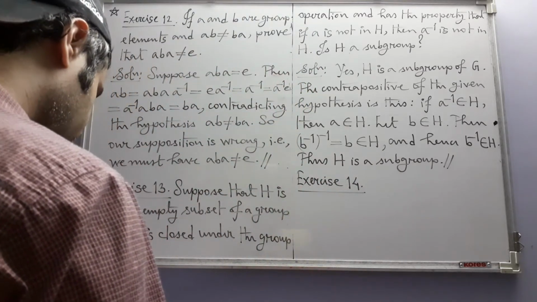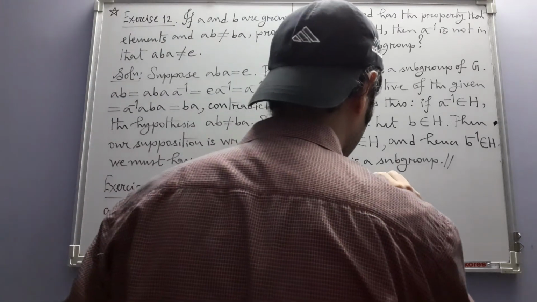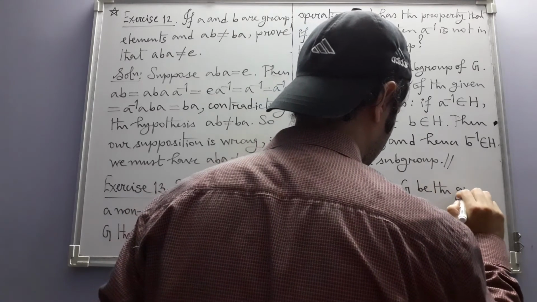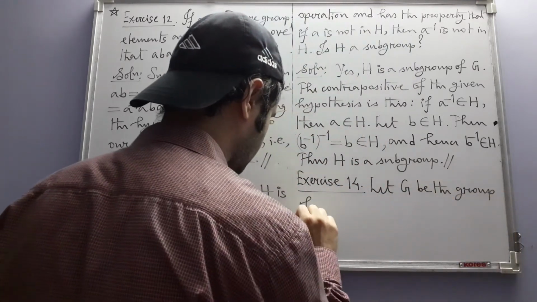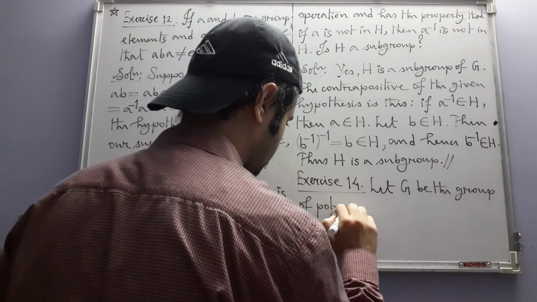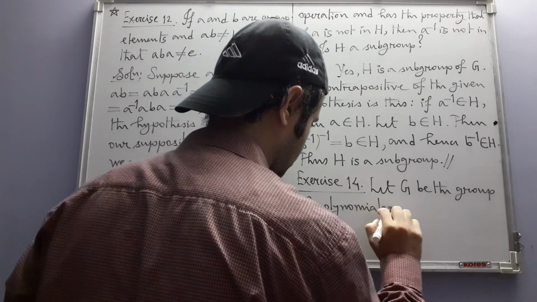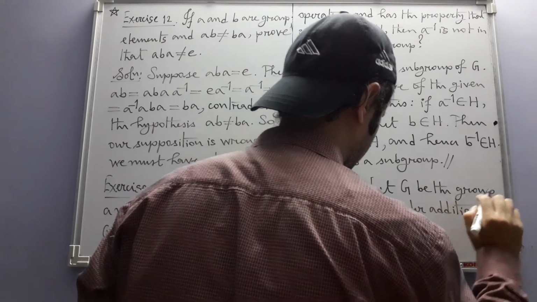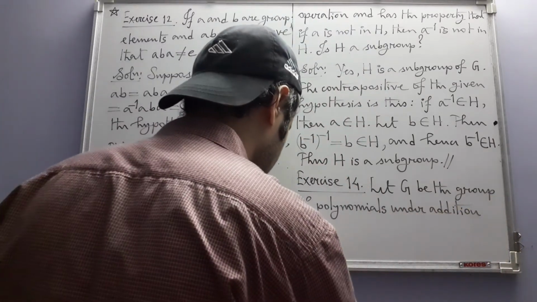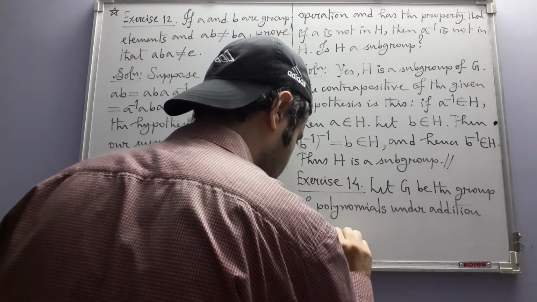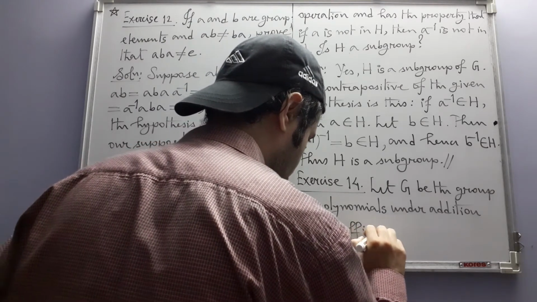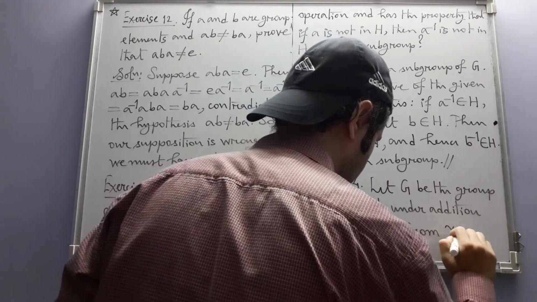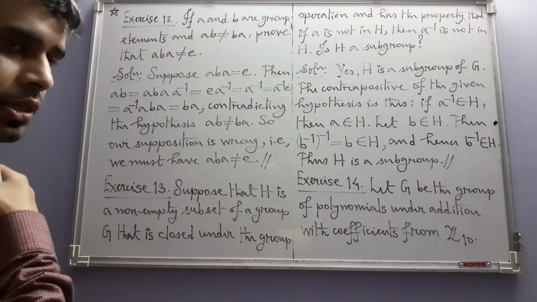Let G be the group of polynomials under addition with coefficients from Z10.